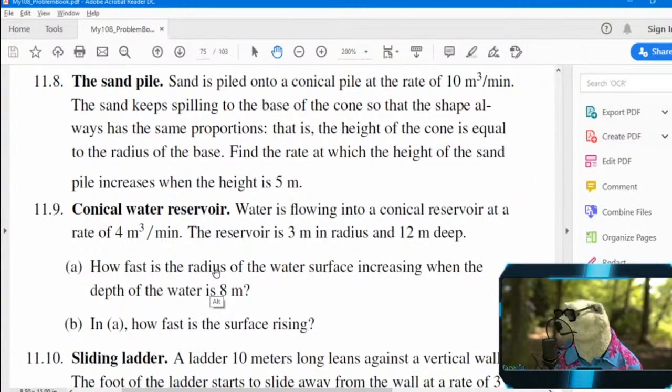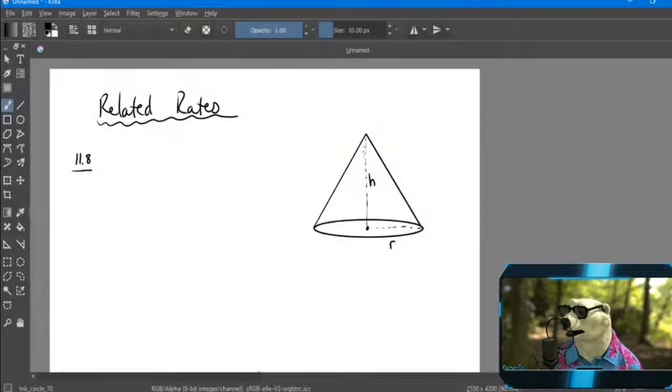They care about the volume. The sand is piled onto the cone at a rate of 10 cubic meters per minute, which means the volume of the cone is increasing at some rate. So the volume plays a factor as well.